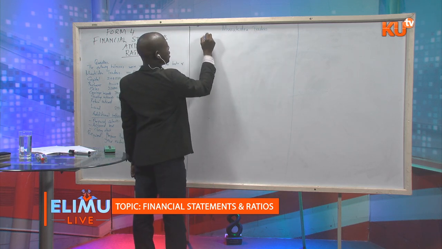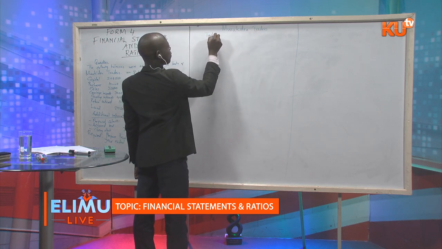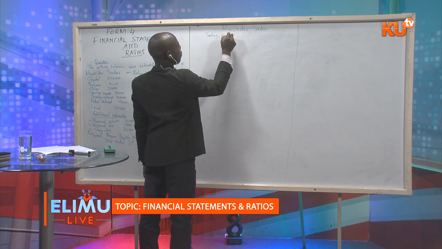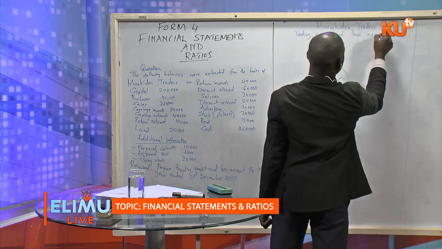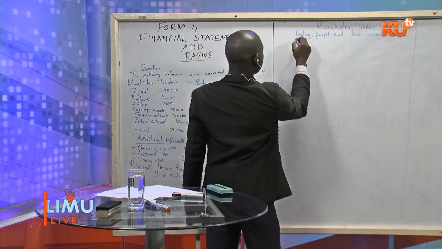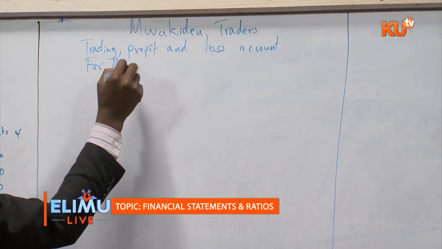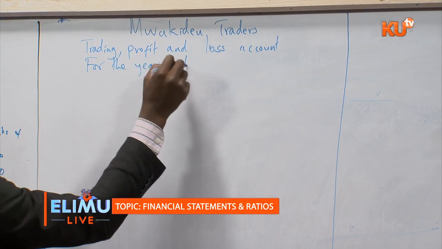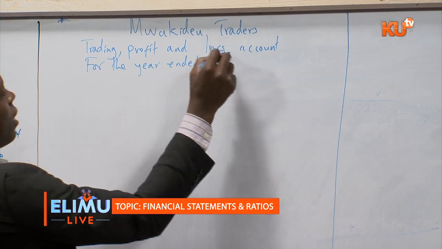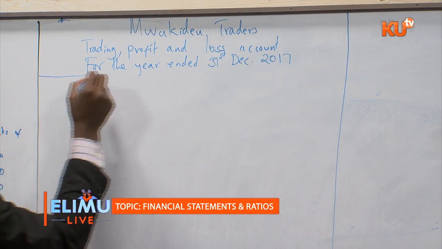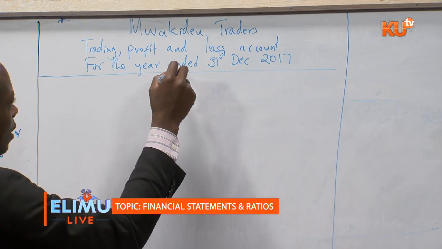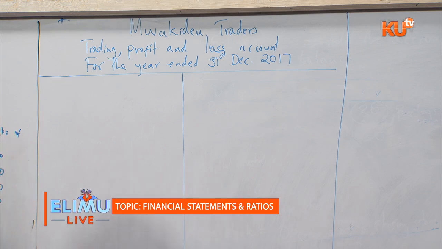The name of the statement is trading profit and loss account. We are preparing it for the year ended 31st December 2017.